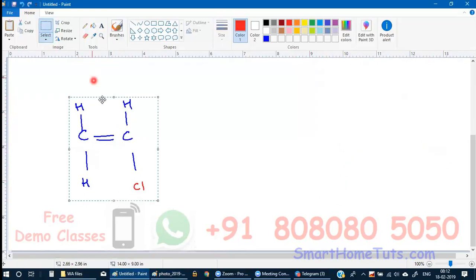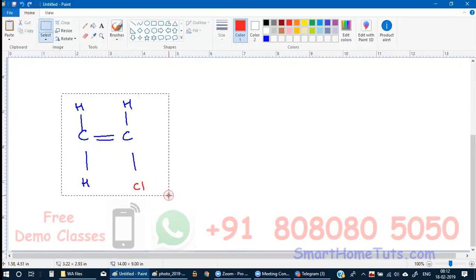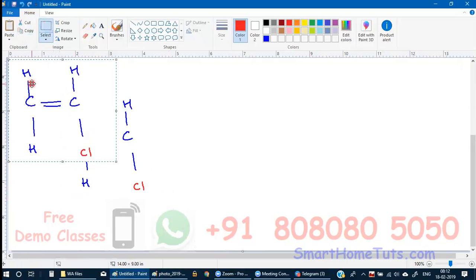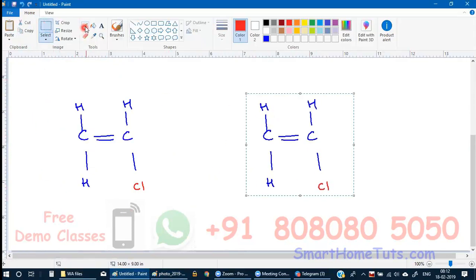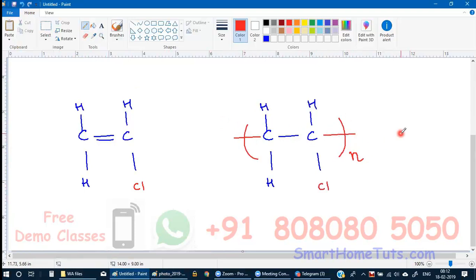If everything is H, H, H, H, then it will become ethanol. But here if polymerization is going to take place, then this double bond will break. On the other sides, this will get repeated. This is vinyl chloride.